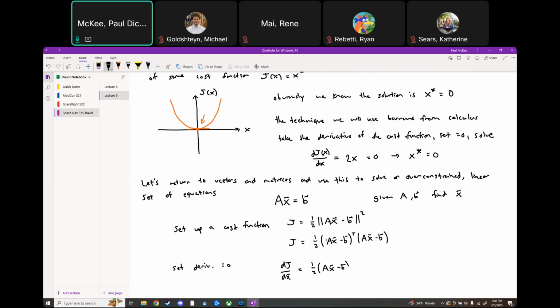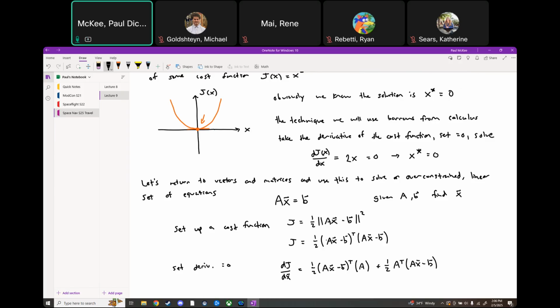In this case, we're going to say it is 1/2 (Ax minus b) transpose, and then what's the derivative of Ax minus b with respect to x? b cancels, and the derivative of Ax is just A, right? We already learned about that. Plus 1/2, and this is going to be A transpose (Ax minus b). Hopefully you see the symmetry here.